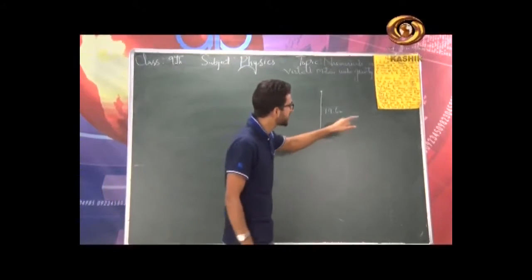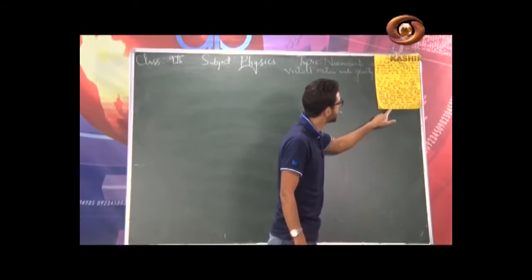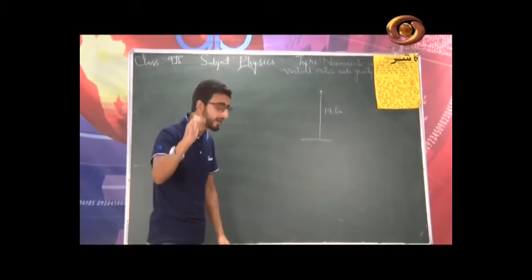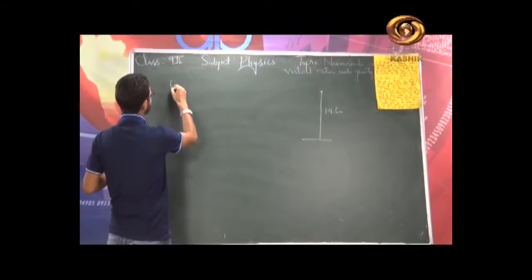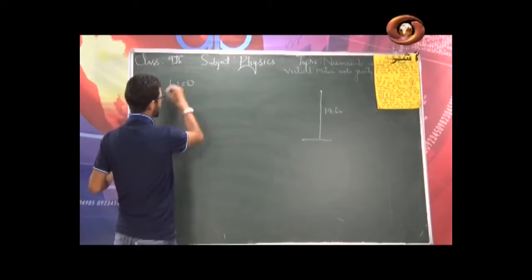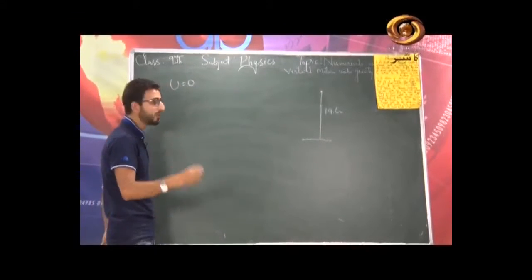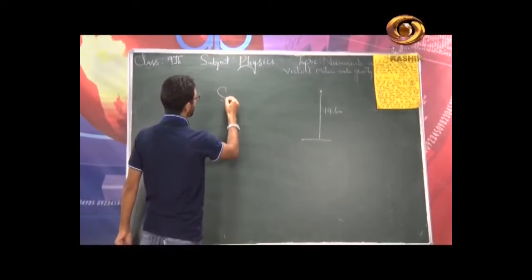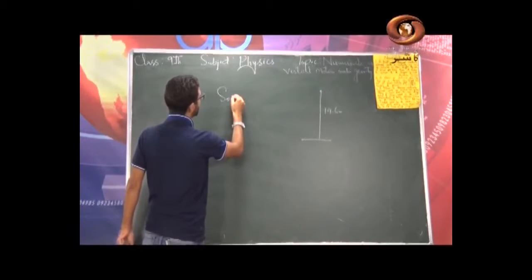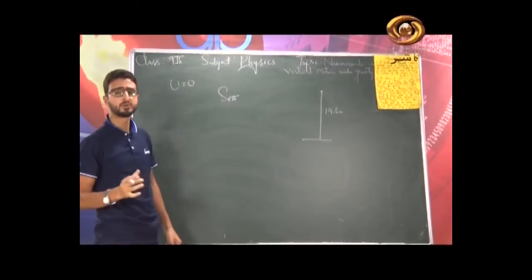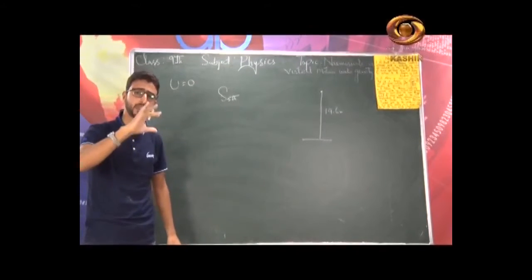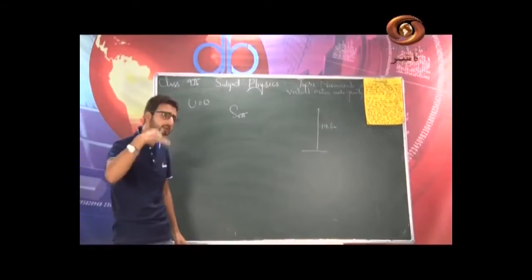Once the body starts from rest, initial velocity is equal to 0. We have to calculate the distance traveled in the 5th second, you can call it s5th or h5th.